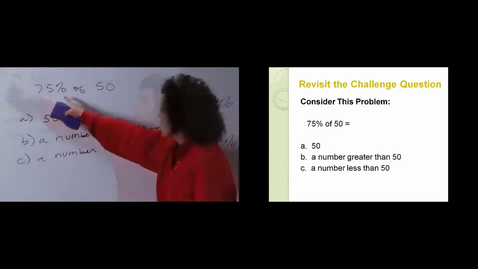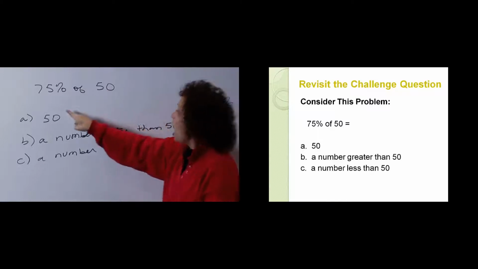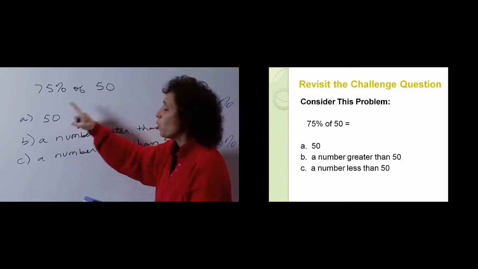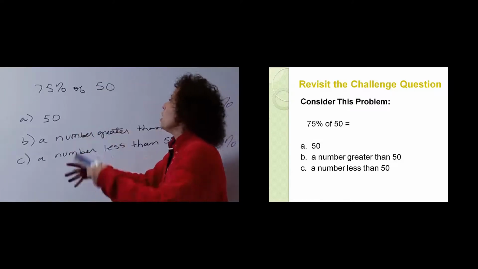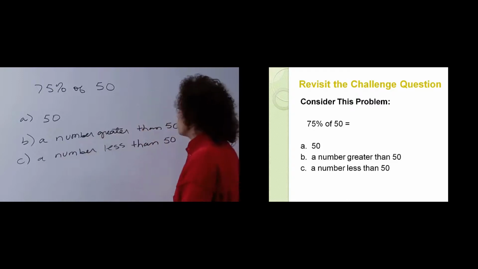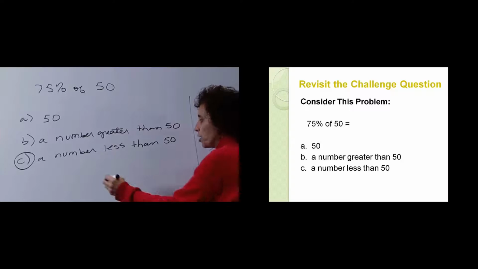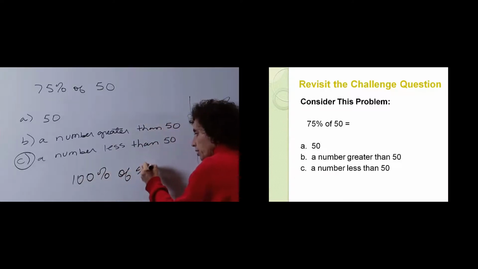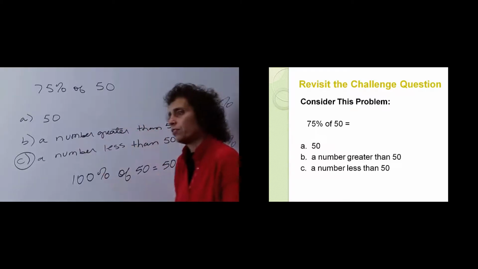Well, 75% of 50, can it be 50? No, because 100% of 50 is 50. So it cannot be 50. It also can't be greater than 50, because to be greater than 50, it's got to be more than 100%. So it's got to be a number less than 50.